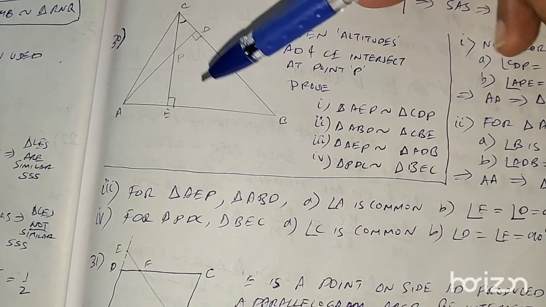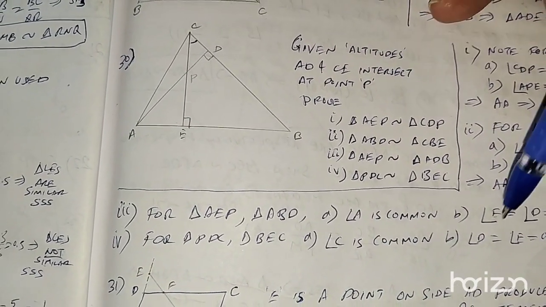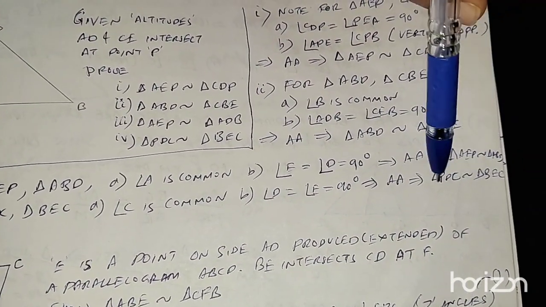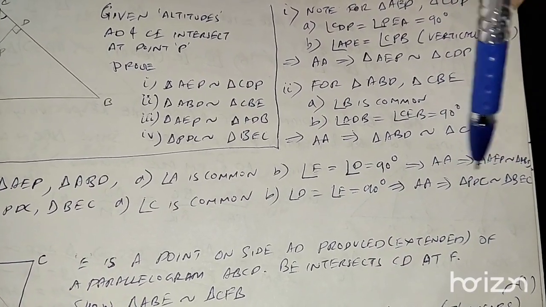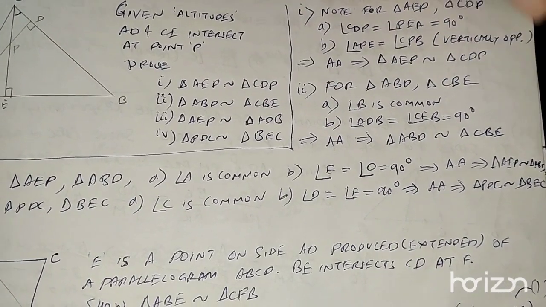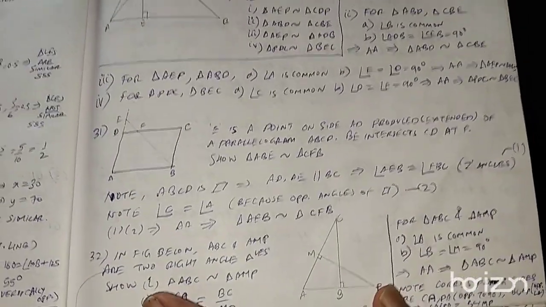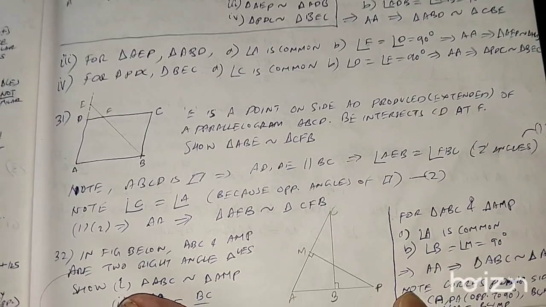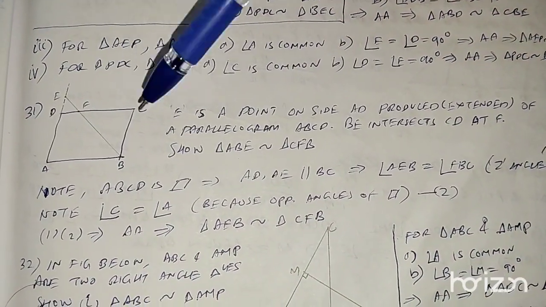And you have 90 degrees at angle E and 90 degrees at angle D. So angle D is equal to angle E equal to 90 degrees, and again therefore by double A, not triple A, double A, triangle PDC is similar to triangle BEC. So again friends, you just need to think a little slowly and you will get the answer.